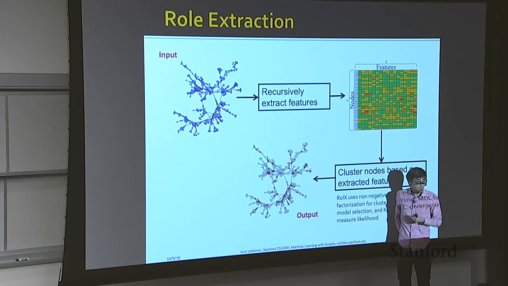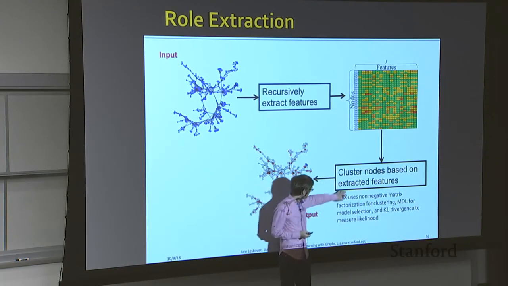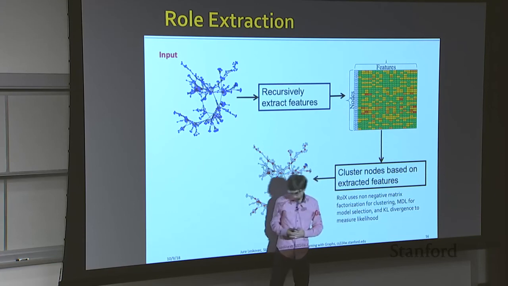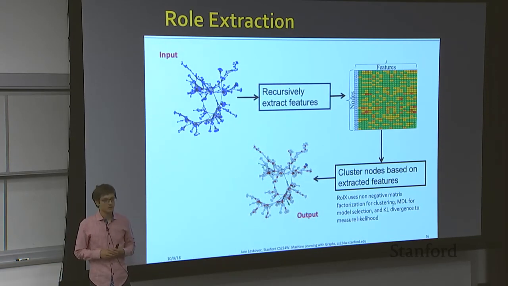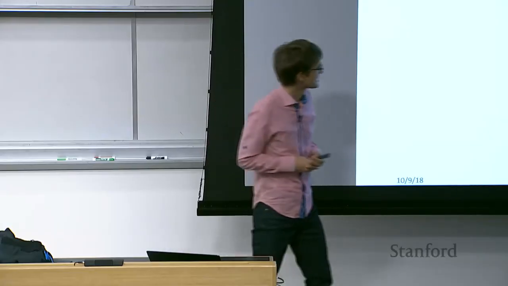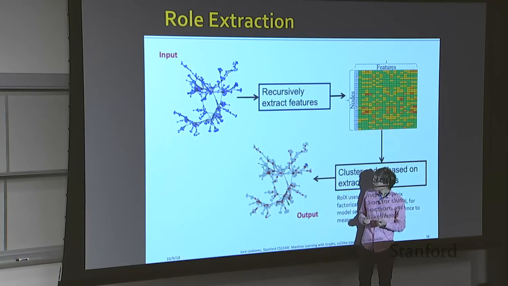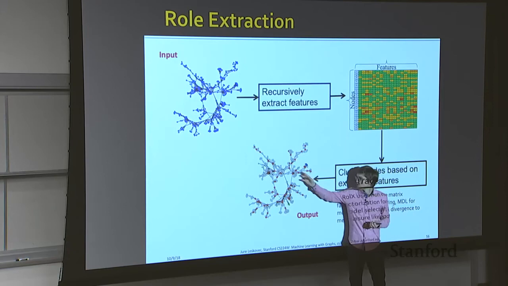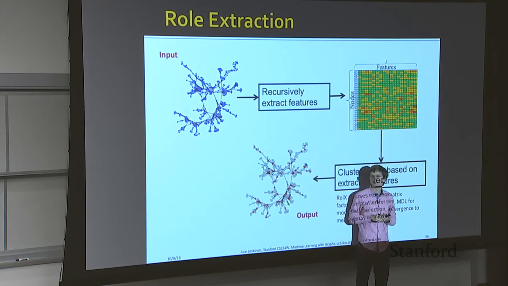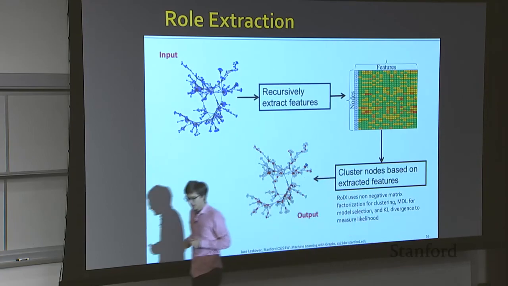You could apply k-means, or some more advanced clustering technique. In this paper, they decided to use non-negative matrix factorization, which is a method we'll talk about later in the class. Essentially, based on these clusters and cluster memberships, you assign each node to the role which is the cluster they belong to. And that allows you to identify these types of structural roles in networks.